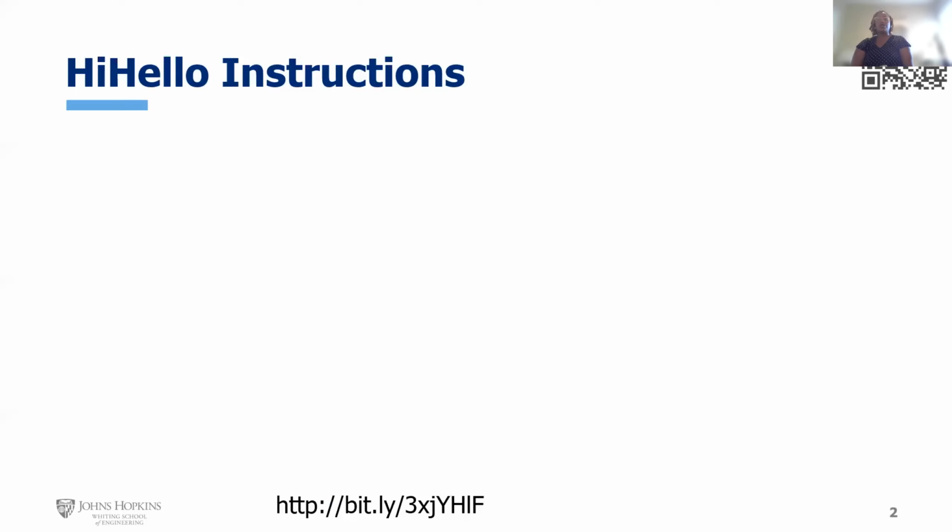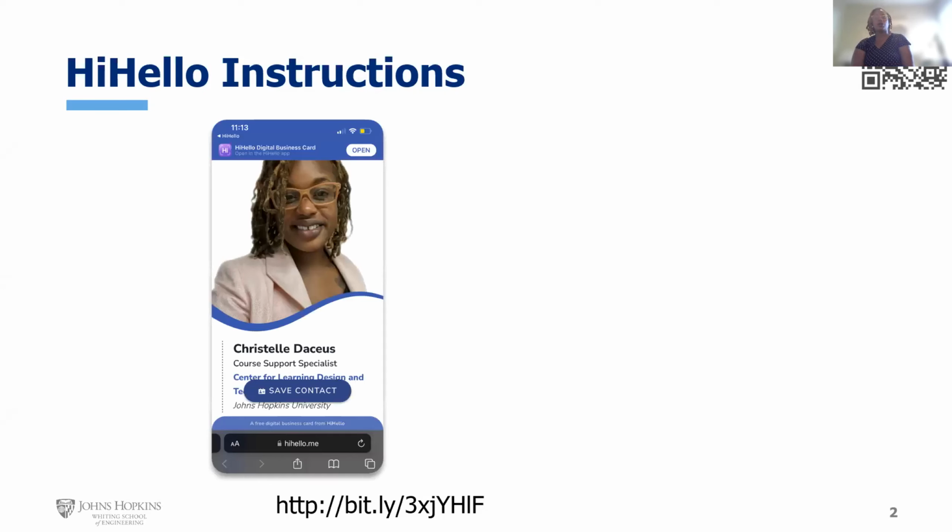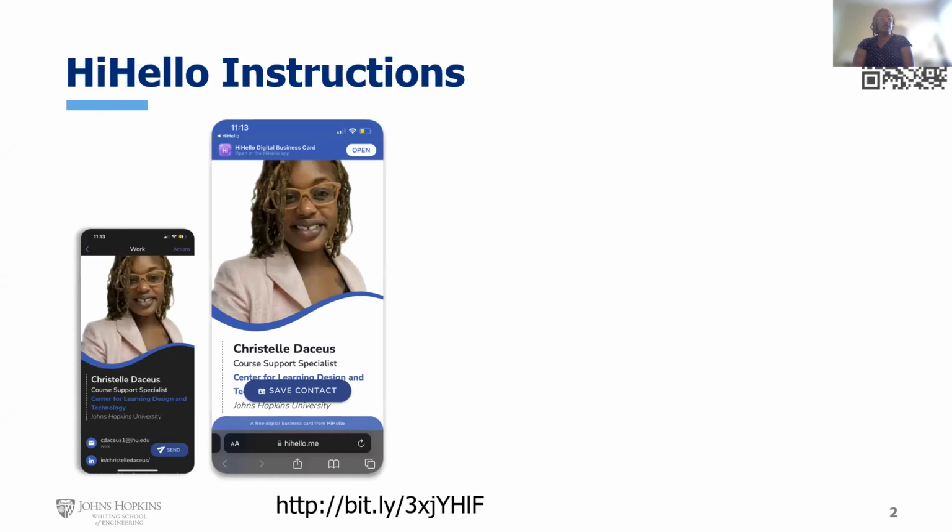So again, I'm going to share that QR code. There's a short link at the bottom of this screen if it's easier for you to type into your laptop or phone. So this is going to open up in your browser. You're going to see my digital business card, and these are the different views here. And so if you already have the app, that's this little image on the left here.